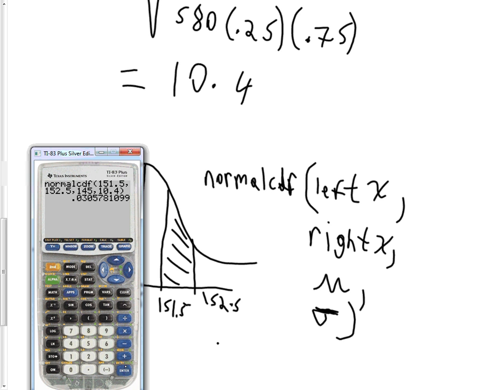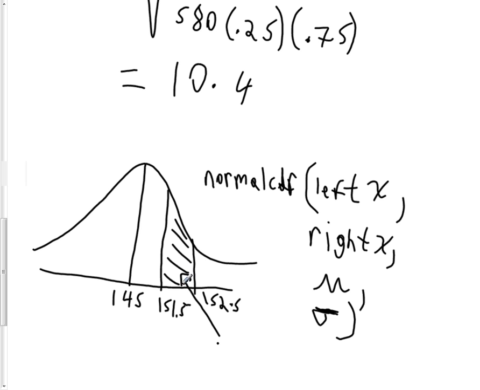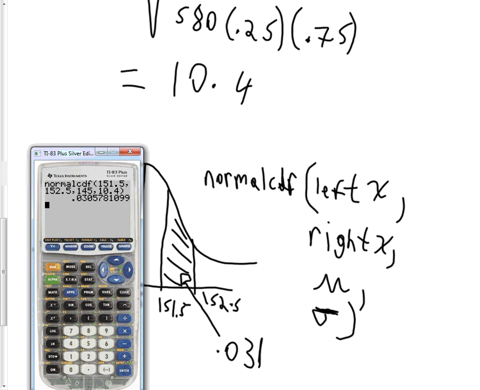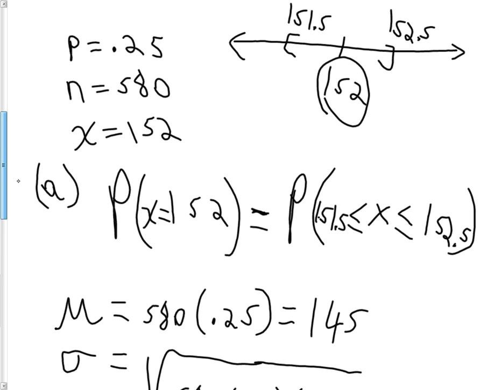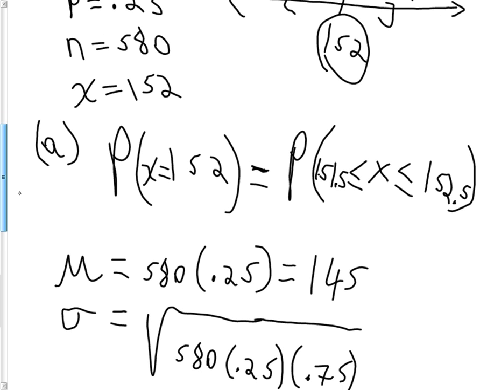And I get the value 0.031. So it turns out that this area here is equal to 0.031, and that corresponds to the probability that we get exactly 152 babies.